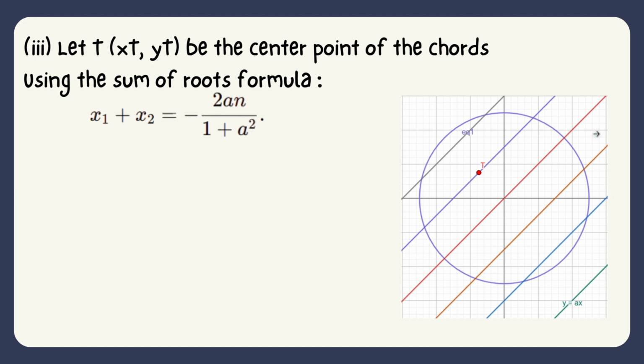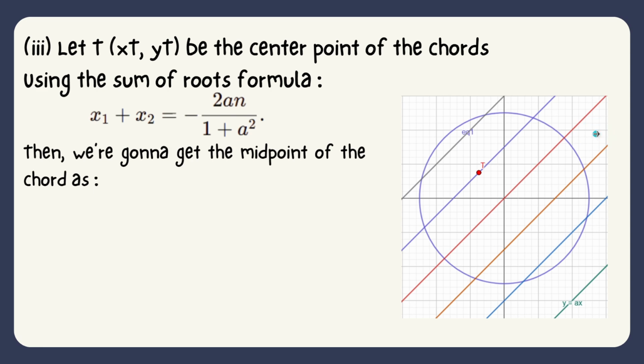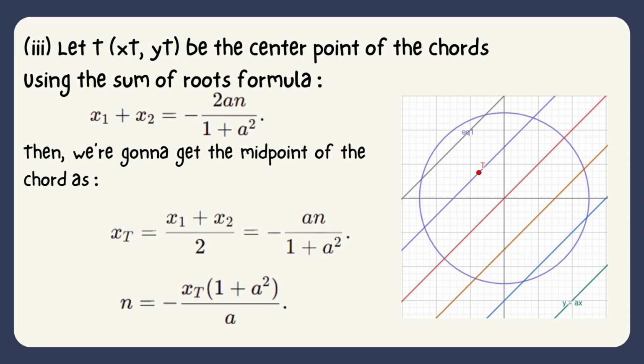Then we get the midpoint of the chord as xt equals (x1 plus x2) divided by 2 equals negative an divided by 1 plus a squared. So we get n equals negative xt times (1 plus a squared) divided by a.